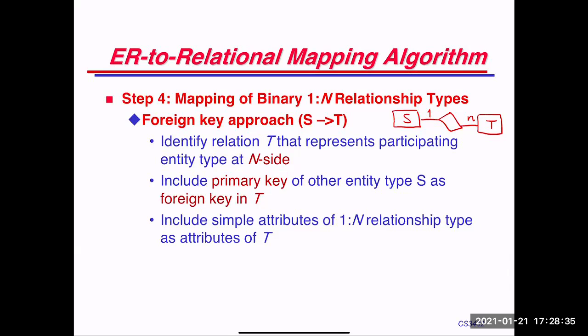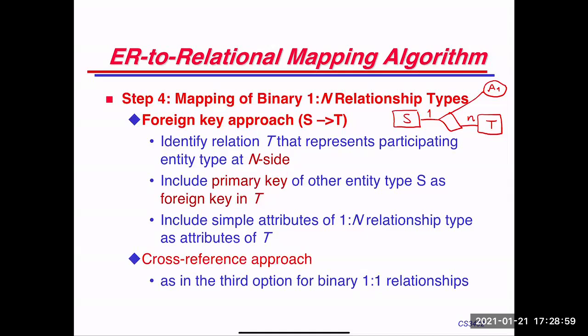We're also going to include the simple attributes of this 1 to n relationship type as attributes of T. What do I mean by that? Well, this relationship might have some attributes, maybe an attribute A1 and so on. I will just add these attributes as attributes in my relation T.